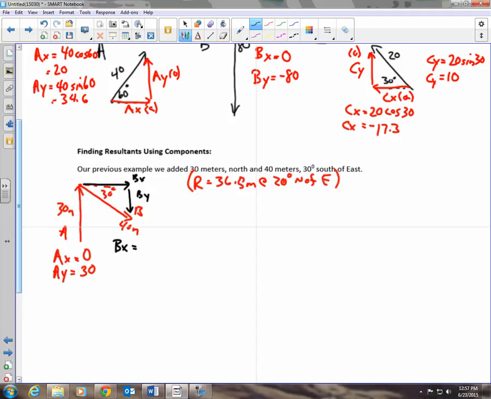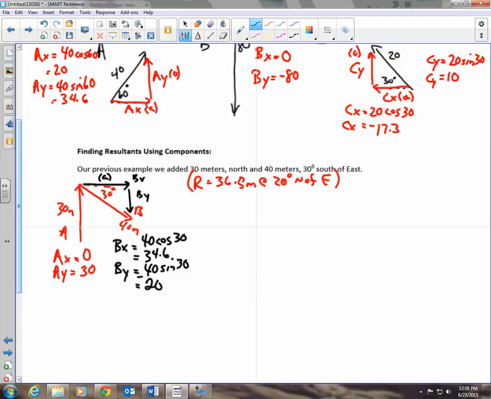BX equals, again, X is the adjacent side, so I'm going to use cosine for it. So 40 cosine 30, which is equal to 34.6. And then BY is going to equal 40 sine 30, which is 20. And, well, I have to make sure I remember to make it negative, because it's going down.